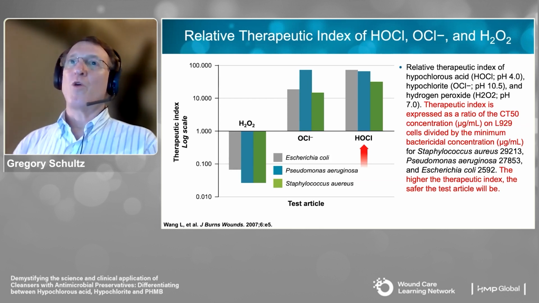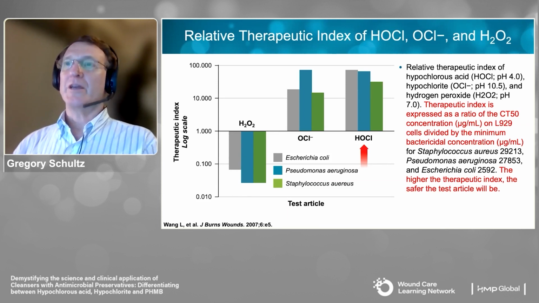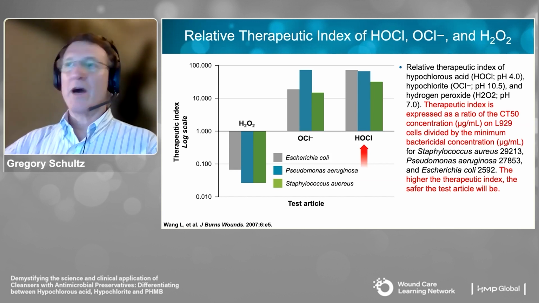What we want here is a high number: something that has very good ability to kill the bacteria at low concentrations of the agent versus very low cytotoxicity. And again, you can see that the hypochlorous acid on this log scale is significantly better than either hydrogen peroxide or the hypochlorous anion.